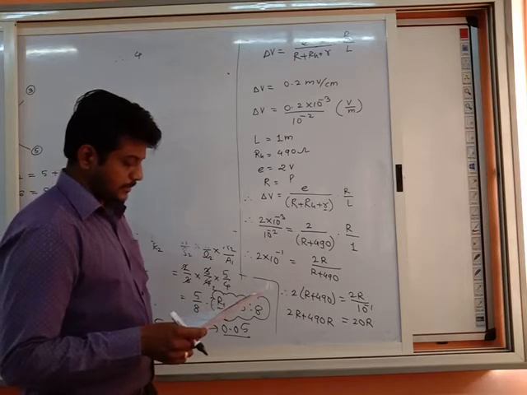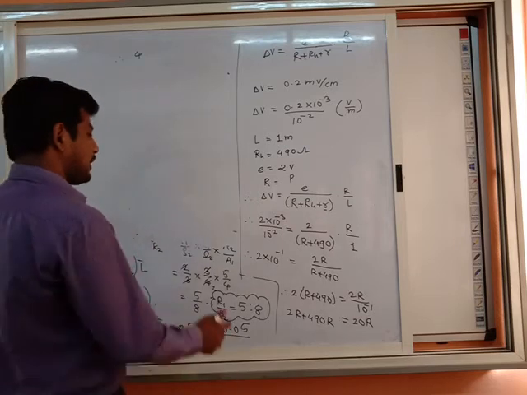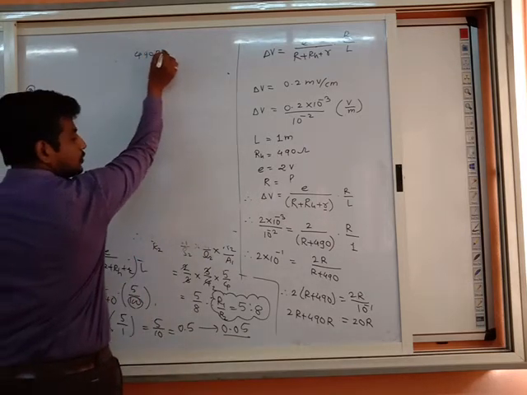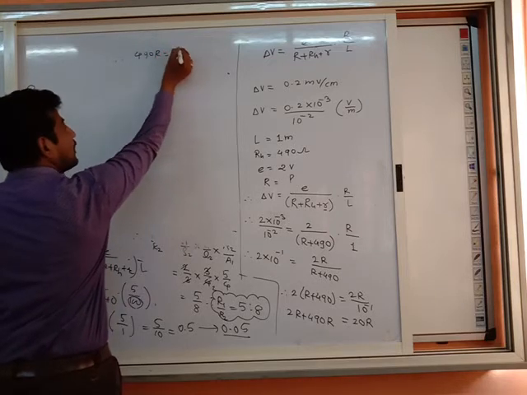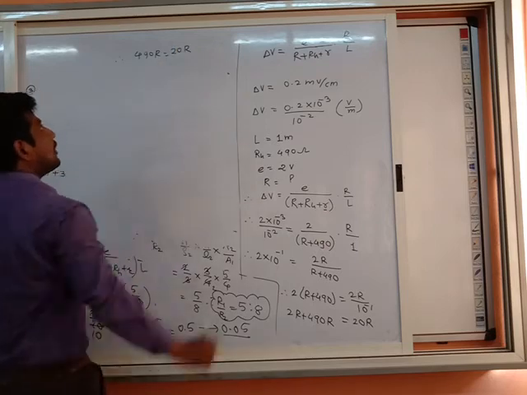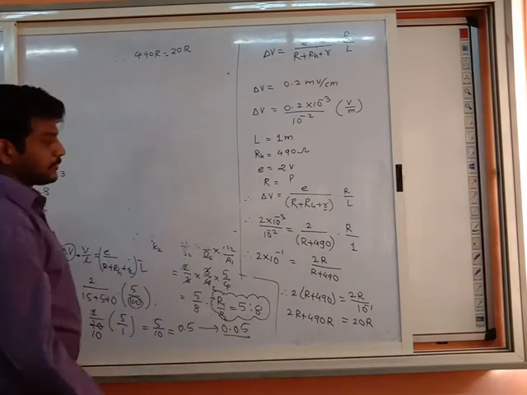So this 2r upon 20r 490r is equal to 20r 490 2.5.